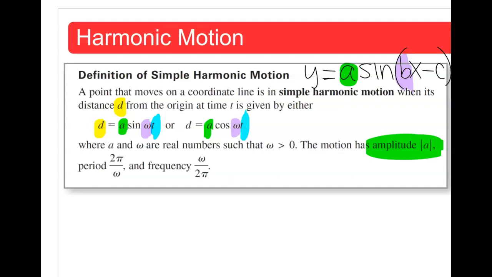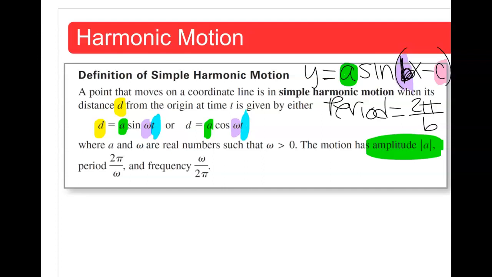What we did to find the period back then was to consider the period of the parent function for sine, which is 2 pi, and divide that by the constant b. And just so you remember, the constant c indicates the horizontal translation or shifting.